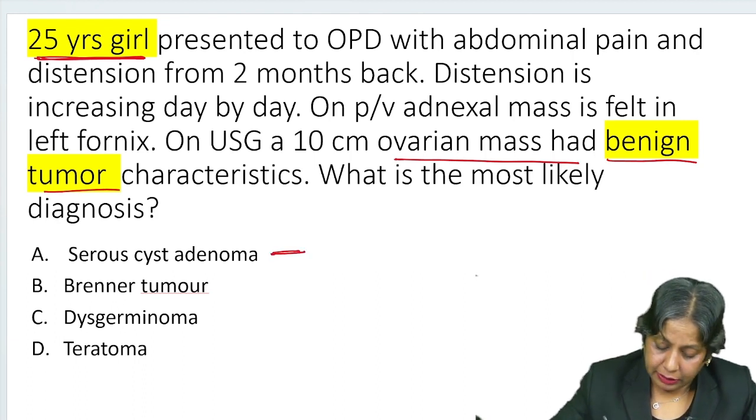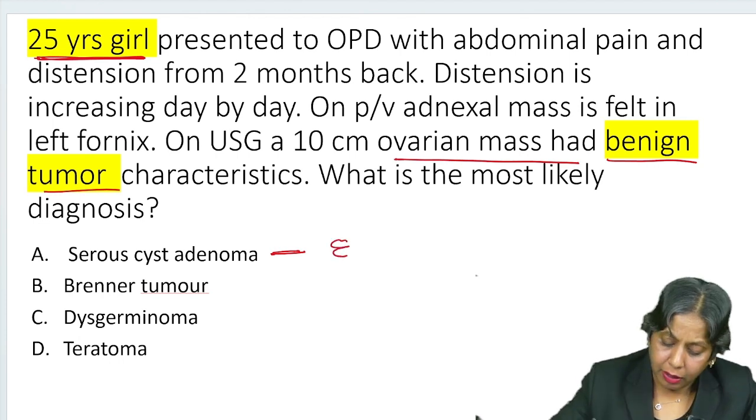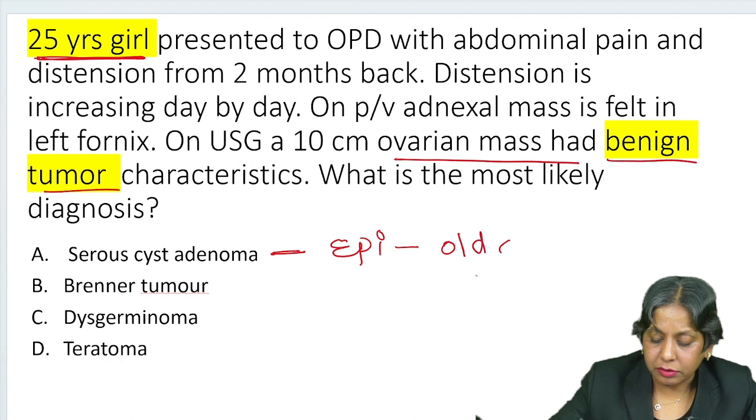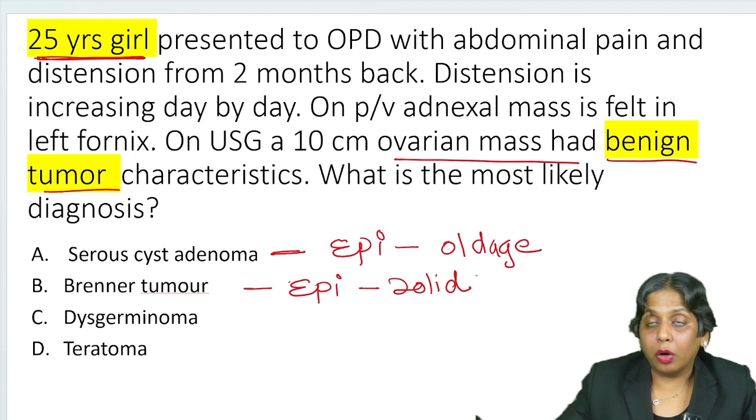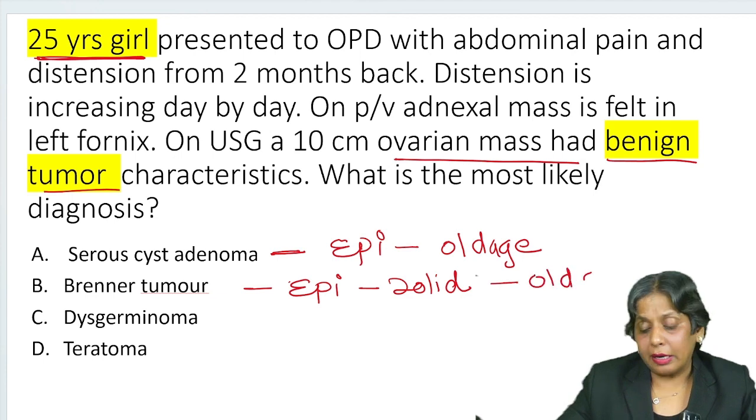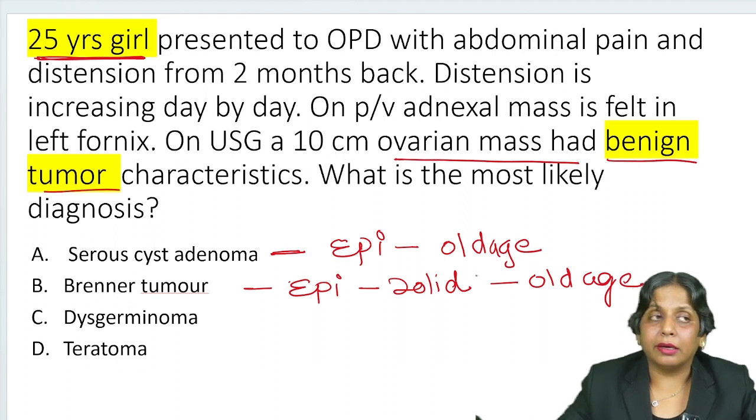Serous cystadenoma? No, serous cystadenoma is an epithelial cell type and it is found in old age. Brenner tumor is again an epithelial cell type, and here the contents are solid, and it is also found in old age. Again, we will not go for this since the girl in the question is young.